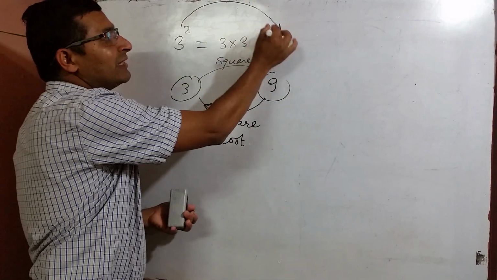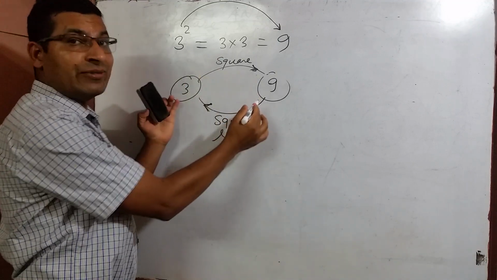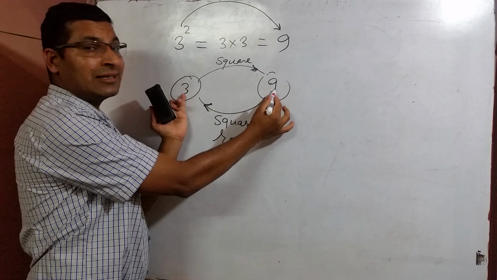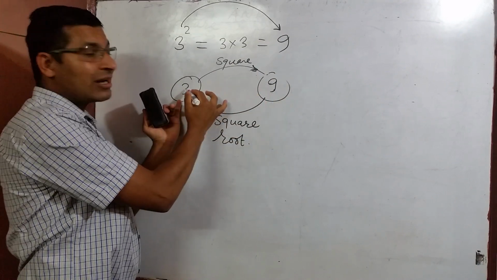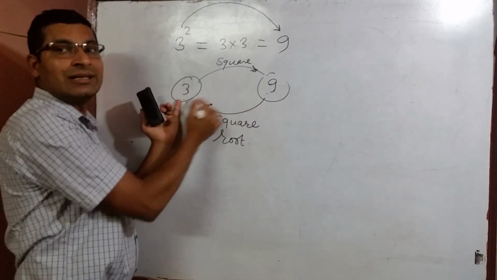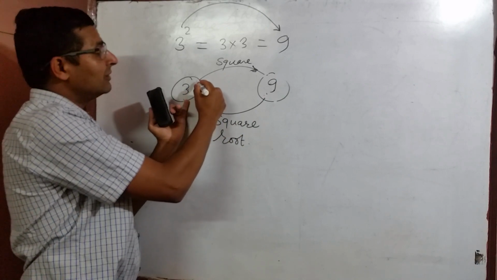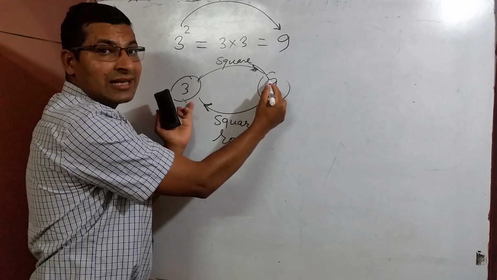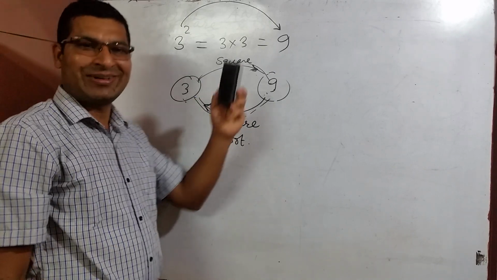What is the square of 3? 9, right? And if the square of 3 is 9, then 3 is the square root of 9. The relation was like this: 3 square is 9 and square root of 9 is 3. Very good.